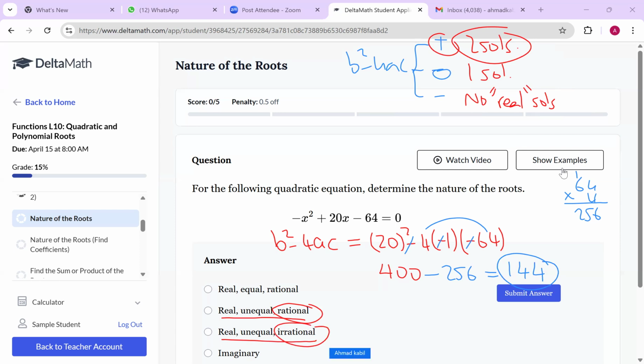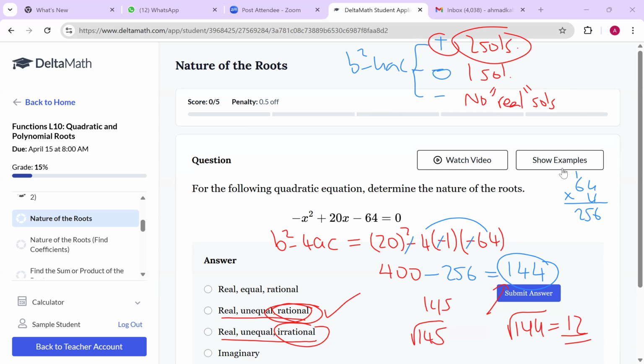The way to figure this out is to just check if this number has a square root or not, like a whole number for a square root or not. Of course, you should know that root 144 is 12. So this is a rational number. Had it been 145, you cannot really get the root of 145 as a whole number.